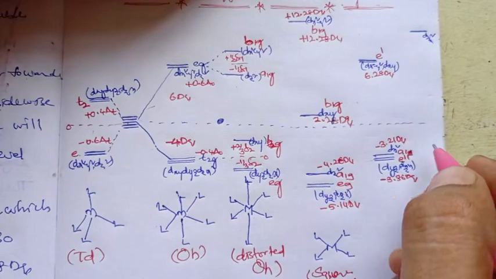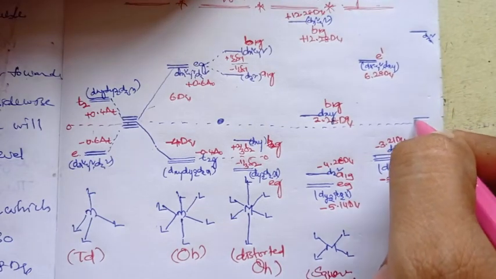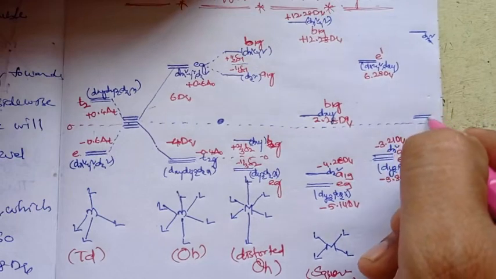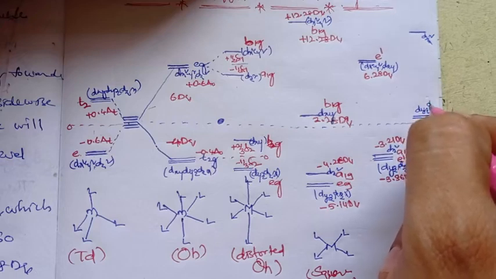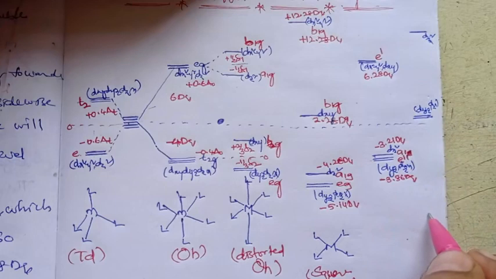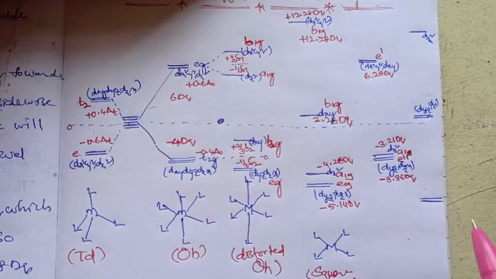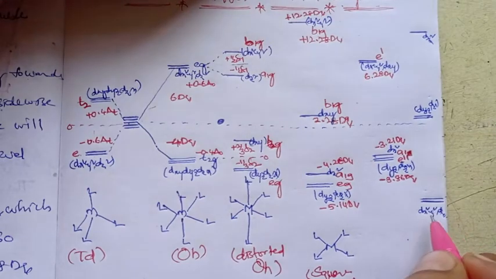The next higher energy state will be a doubly degenerate state, which has the orbitals of dyz and dzx, and the lowest energy state has another doubly degenerate state. It has the orbitals of dx square minus y square and dxy.